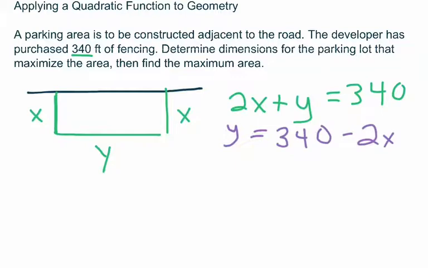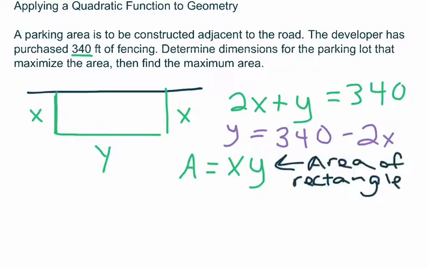Now we also know that the formula for the area of a rectangle is area equals length times width, but in this case I'll use variables x and y just to remain consistent with the variables in our diagram. Next, I'm going to substitute 340 minus 2x for y into my area formula.